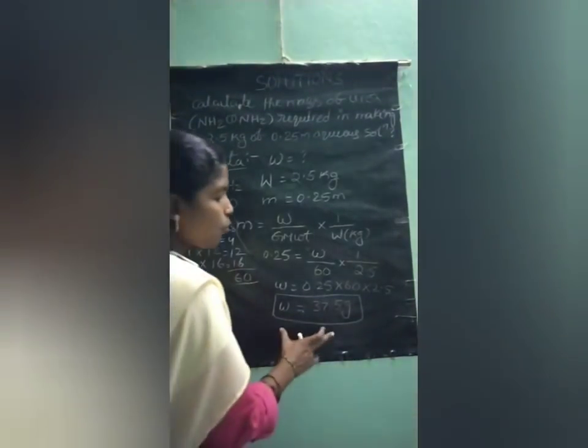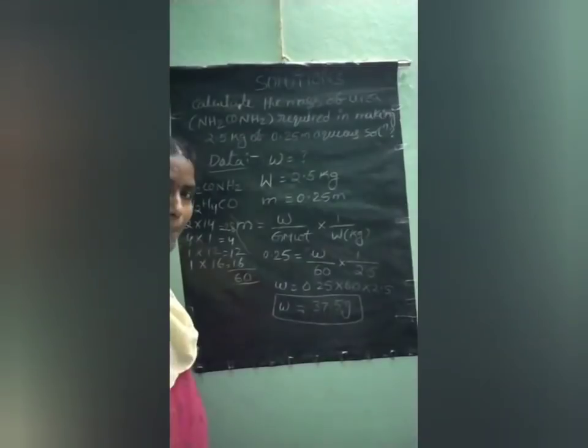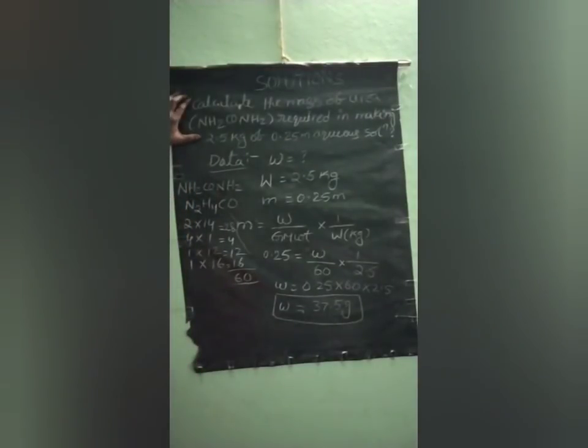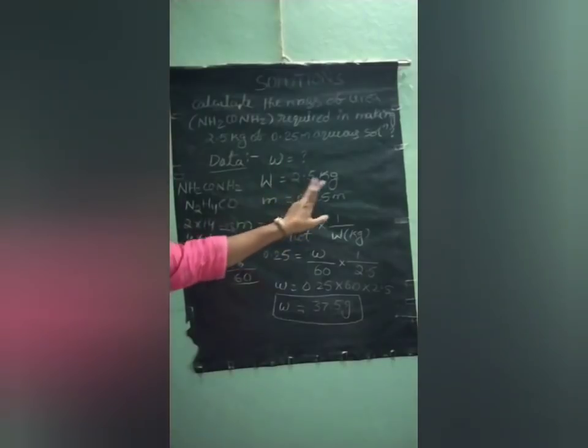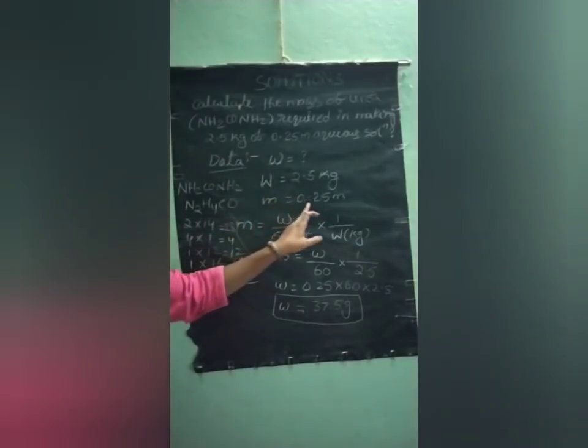Okay, this is the last problem in molality. Again I repeat: calculate the mass of urea required in making 2.5 kilograms of 0.25 molar aqueous solution. In the given data, weight we have to find out. So weight is equal to question mark, and capital W is the weight of the solvent, that is 2.5 kilograms, and molarity is equal to 0.25.